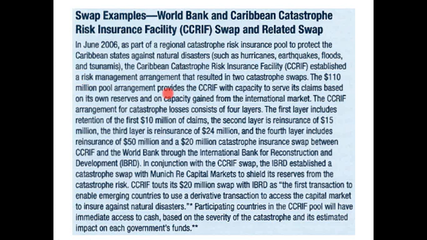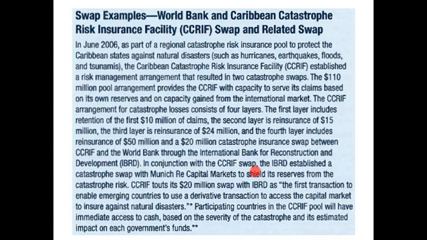There's a $110 million pool arrangement that provides the Caribbean Catastrophe Risk Insurance Facility with capacity to serve its claims based on its own reserves. The first layer includes retention of the first $10 million of claims. The second layer is reinsurance. The third layer is reinsurance, $24 million. It talks about all these different reinsurance layers, which hopefully makes sense now that we've gone through how reinsurance works. And a $20 million catastrophe insurance swap at the very top between the World Bank and the Caribbean Catastrophe Facility.